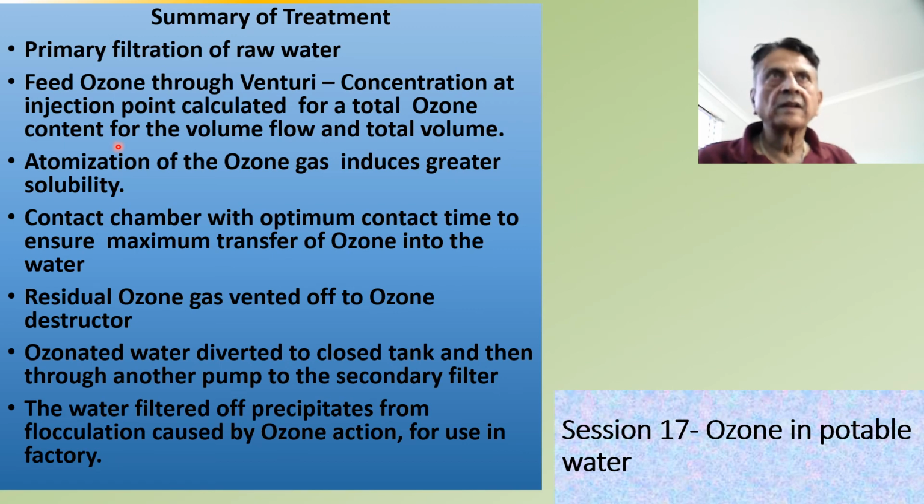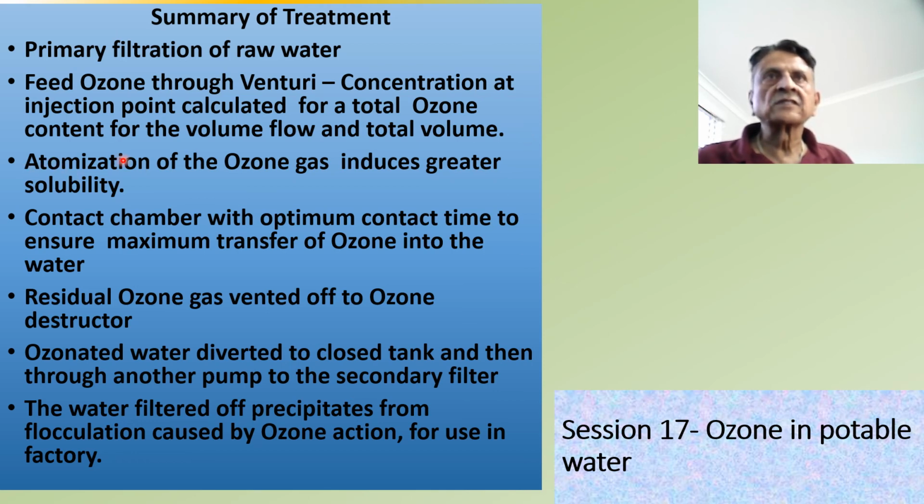In summary, we have a primary filtration of the raw water from twigs, stones, etc. Then we feed the ozone through the venturi at the concentration of the injected point calculated for a total ozone content for whichever the volume flow or total volume in the case of a factory's requirements.